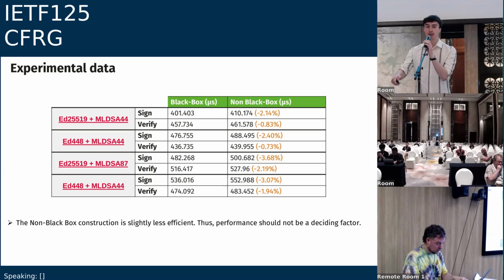We implemented those two constructions, and there is not a big difference in performance between the non-black box and black box constructions. So performance shouldn't be a deciding factor between black box and non-black box. Security will be the main motivation for choosing one instead of the other.